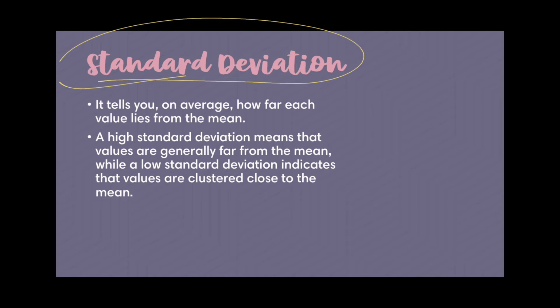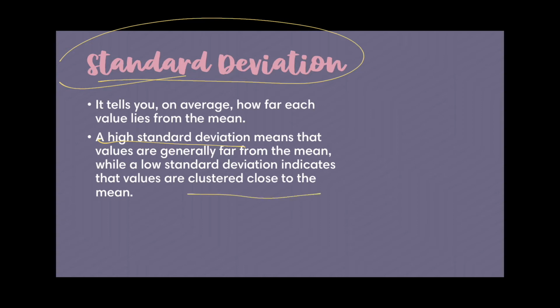So if we have a specific value, what does that mean? It gives us the idea that when there's a high standard deviation, the values are generally far from the mean, while a low standard deviation indicates that values are clustered close to the mean.